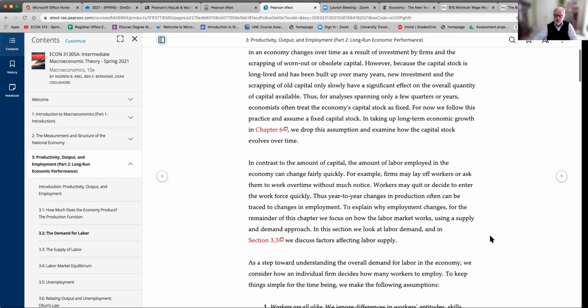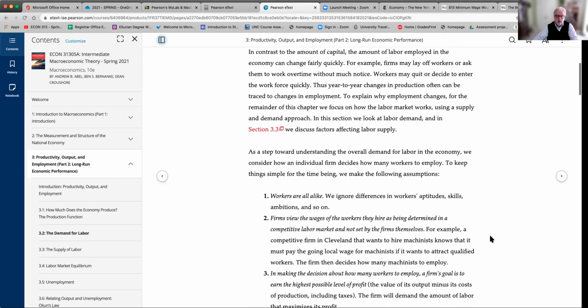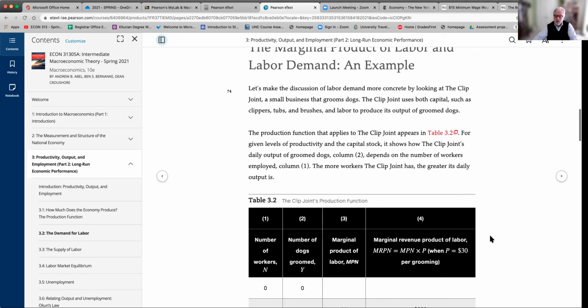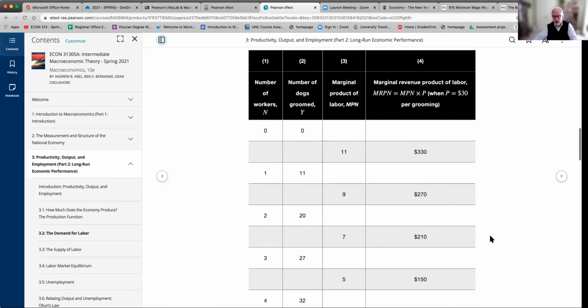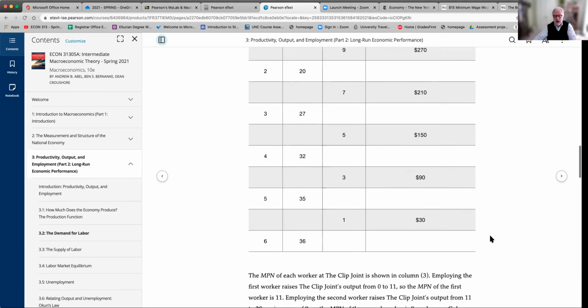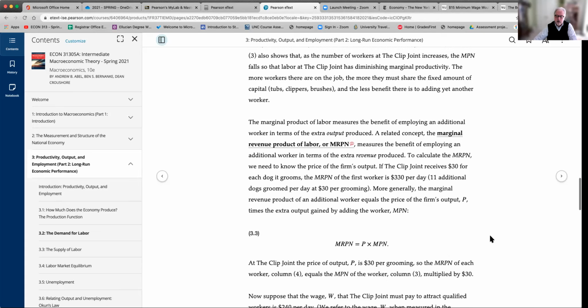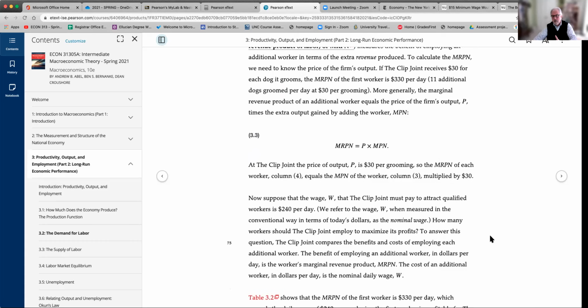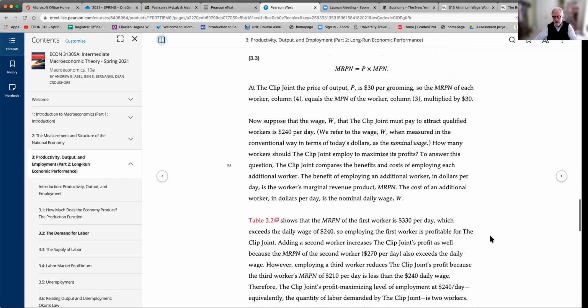When we apply that to the demand for labor, with some assumptions that are laid out here, we can determine how much labor they're going to hire for a given level of the wage, or the price they have to buy the labor at, essentially. From that, we can get a demand curve for labor that's related directly to the marginal product of labor. Remember, the marginal product of labor is the slope of the production function, so that's related to the production function as well.